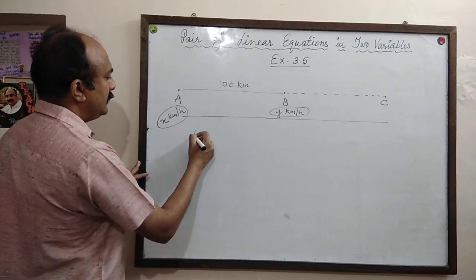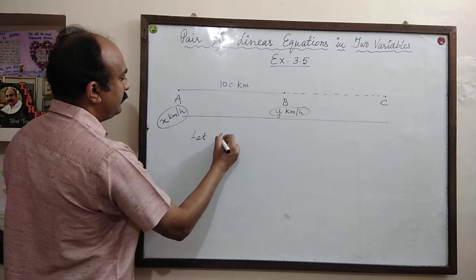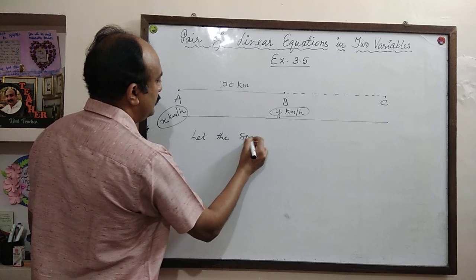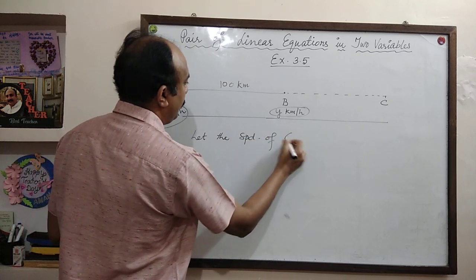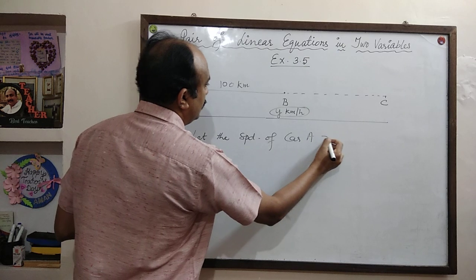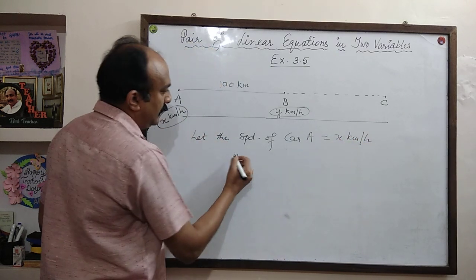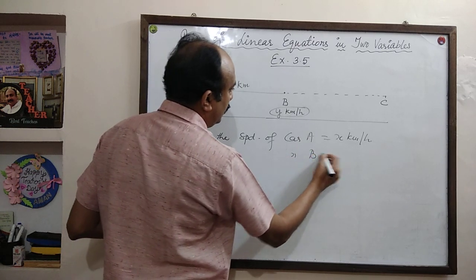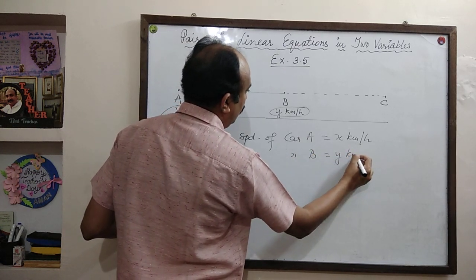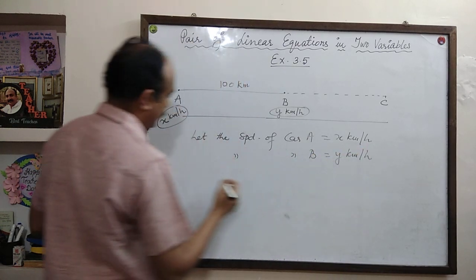So, I may write, let the speed of car A be equal to x kilometer per hour. Let the speed of car B be equal to y kilometer per hour.